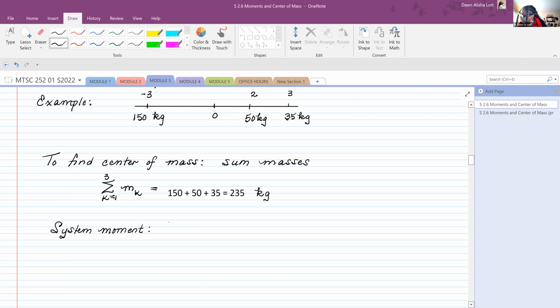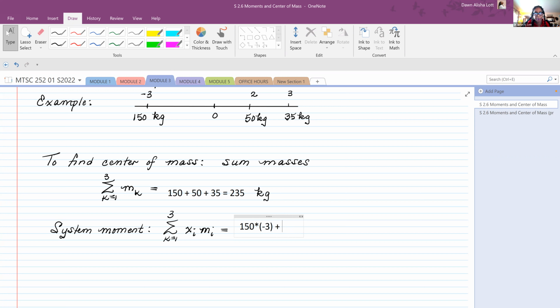So I need to take the sum, k equals 1 to 3, of each mass times its distance from the origin. So the first mass is 150, and it is at -3, so 150 times -3.